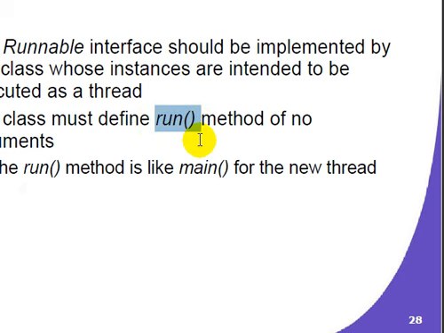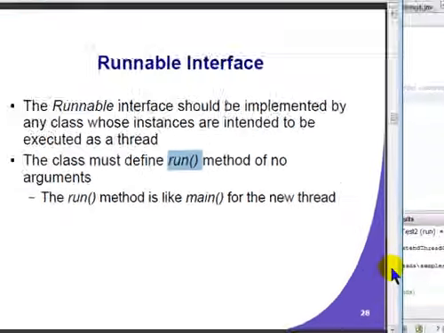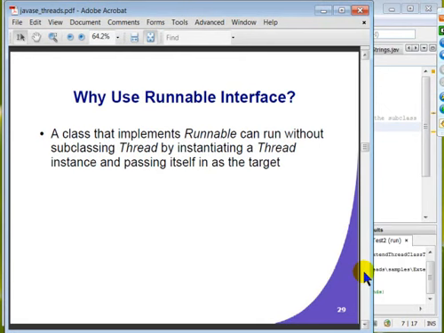And you still have to implement the run method of this Runnable interface. In this case, the run method is like the main method of the new thread, because this is a unit of task, and that run method is actually being invoked. So why use the Runnable interface?